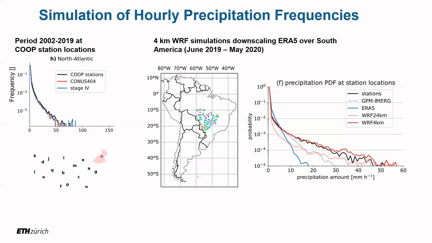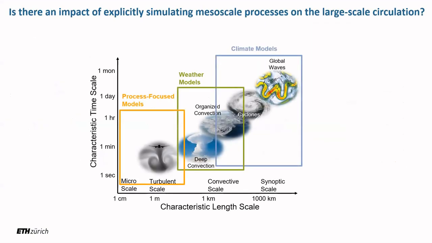So this is just a warning, be careful. Just because something is labeled observations doesn't mean it's great. IMERG is a great product, especially if you look at it at daily scales, in my experience. If you look at it for hourly rainfall, you really have to be careful, especially for extremes.